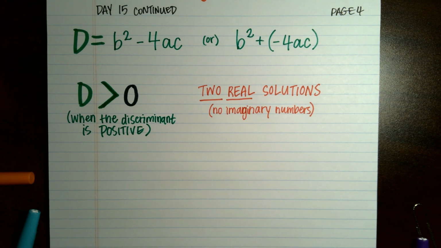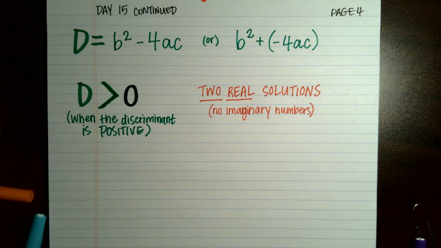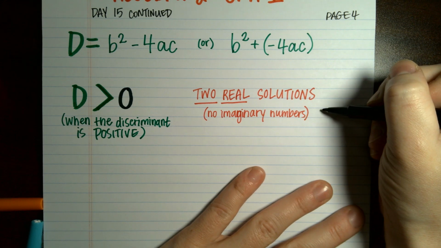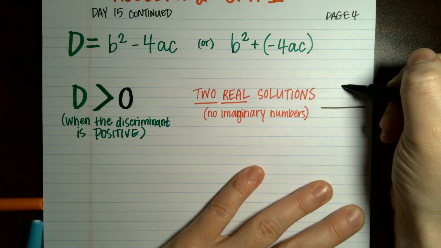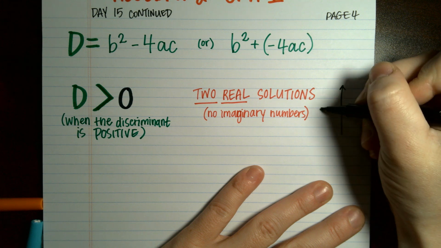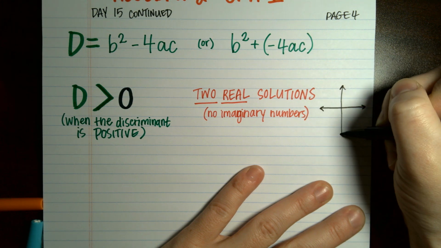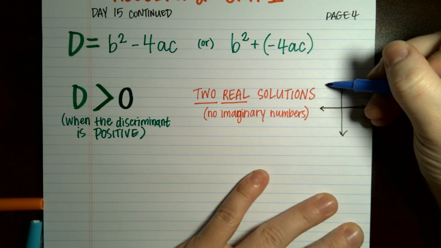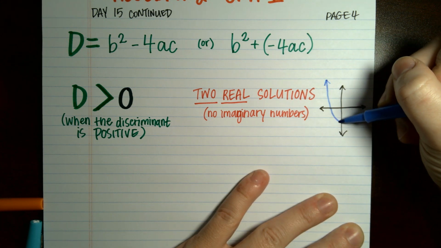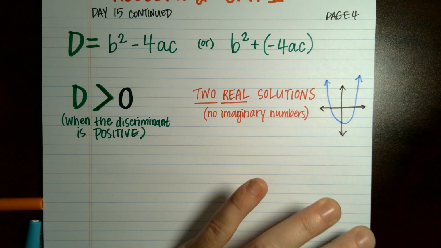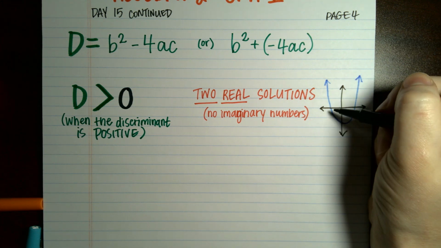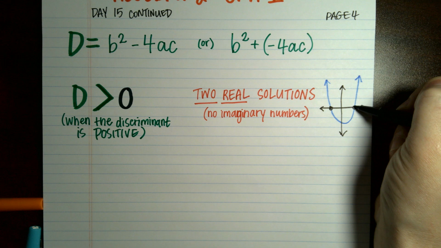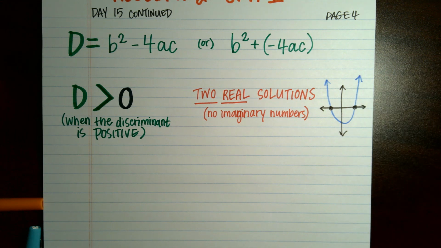Okay. And then I'm also going to draw a little picture. This is optional, but I personally find it really helps. What that means is when we have our graph, and this does not have to be accurate at all, your parabola is going to cross the x-axis in exactly two spots. That's what this means.